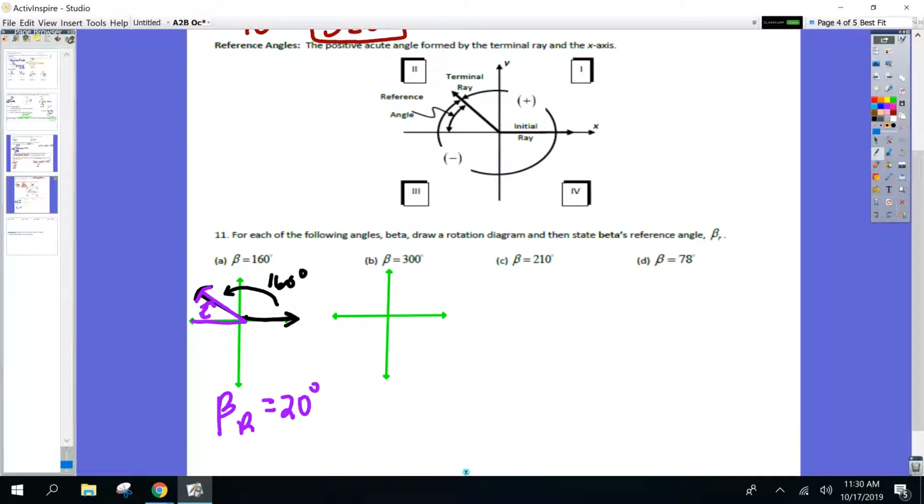Closer to 270? Okay. What is the reference angle?